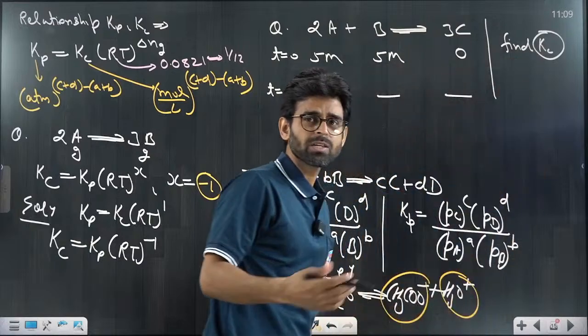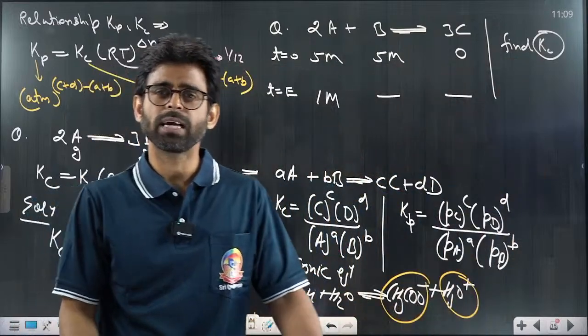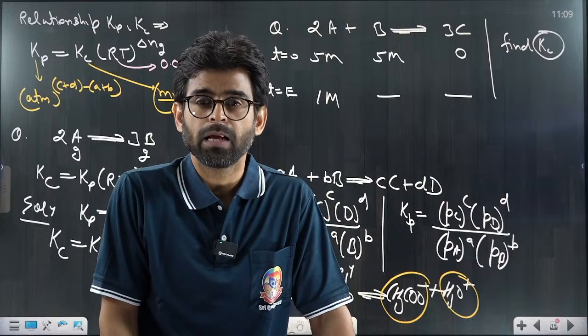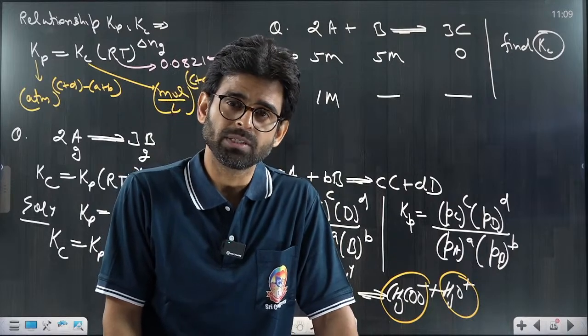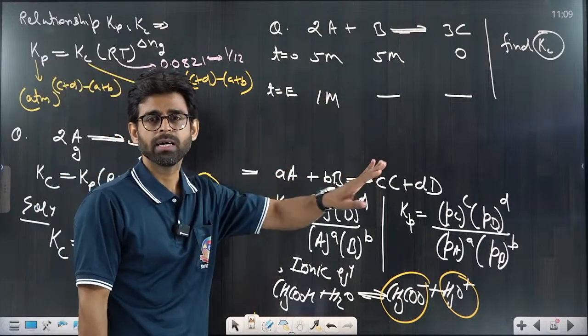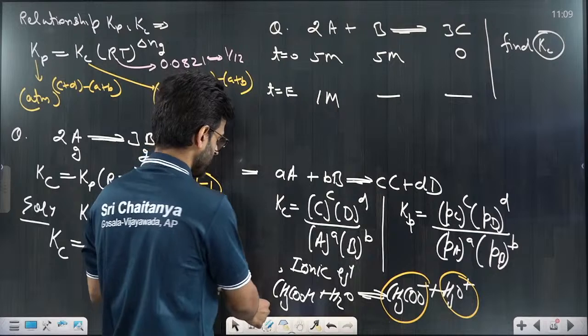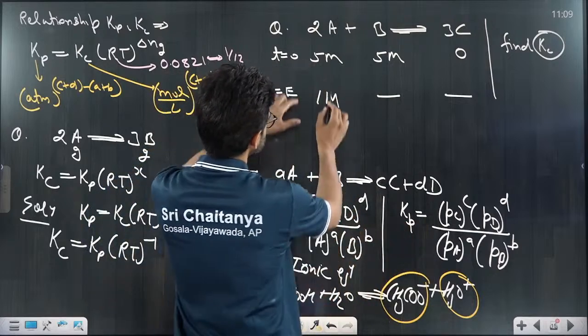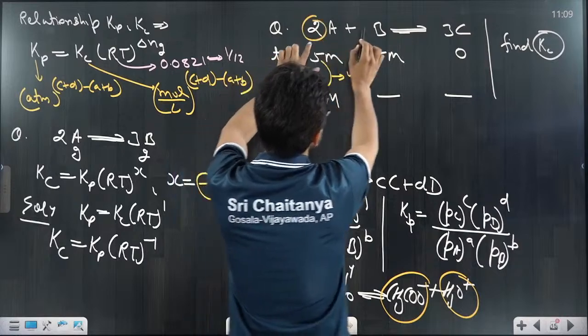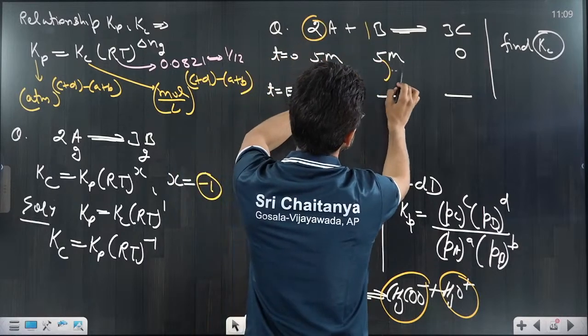They gave initial concentration, they are asking you final concentration, right? Then using the final concentration at the time of equilibrium, they are asking Kc. You can see how much reduced? 4. You can see 2 needs 1. So 4 needs how much? 2.